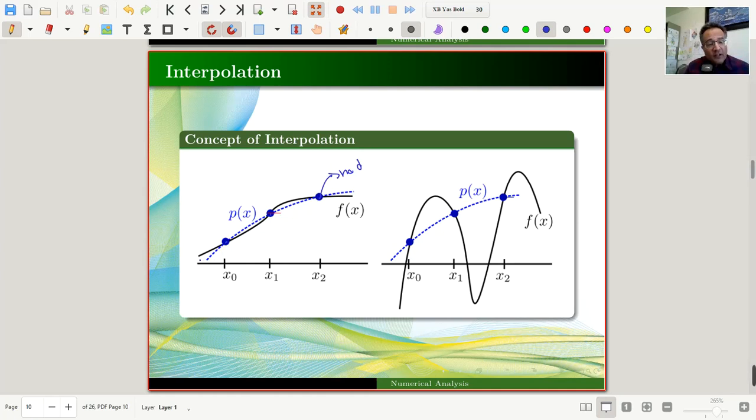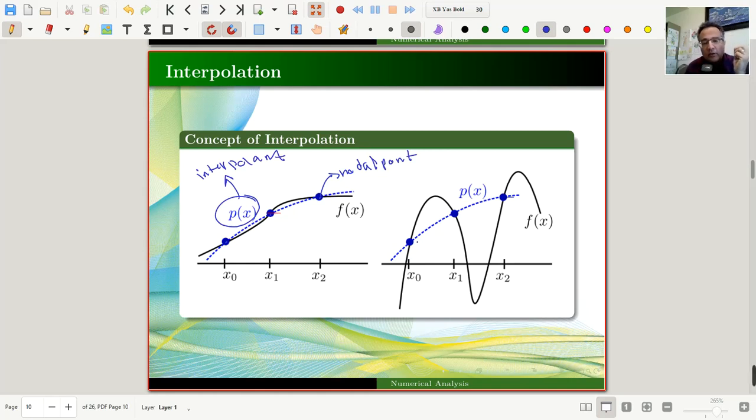If we can find a polynomial like p of x that passes through these nodal points, then p of x is an interpolant.